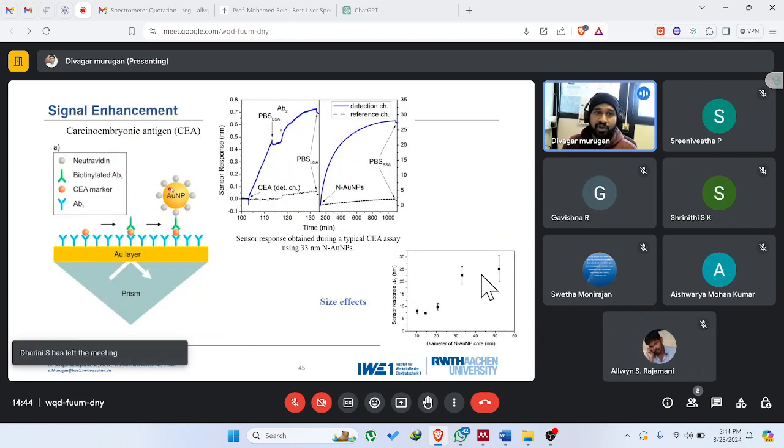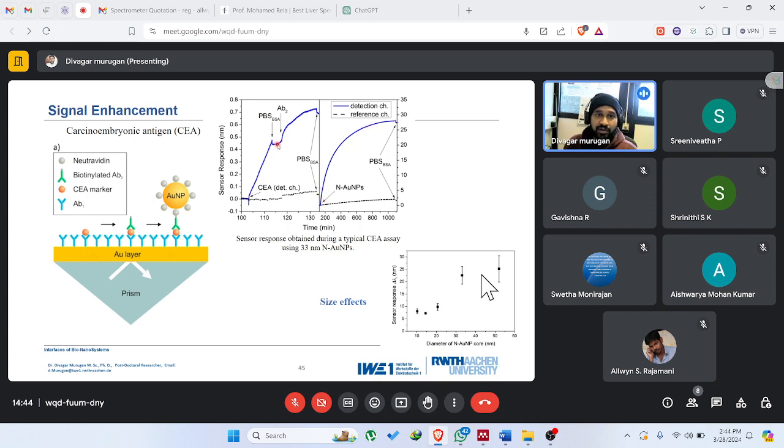For example, in this paper they have used gold as a label, because here you have a gold thin film which expresses the SPR nature, and you have a gold nanoparticle which expresses an LSPR, localized surface plasmon resonance nature. And once it is kept near your SPR substrate, then there will be a resonance coupling that occurs. Because of this resonance coupling, you see the signal is significantly enhanced.